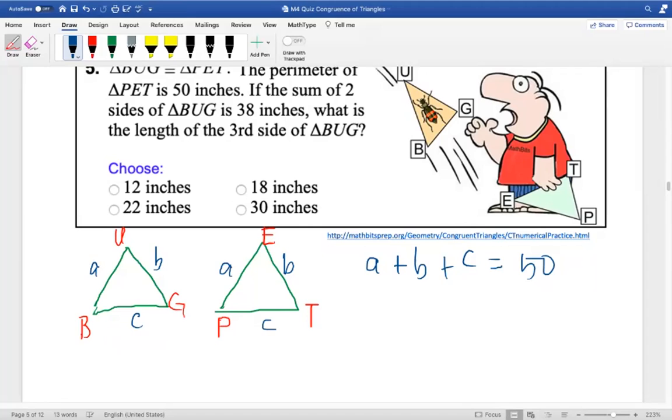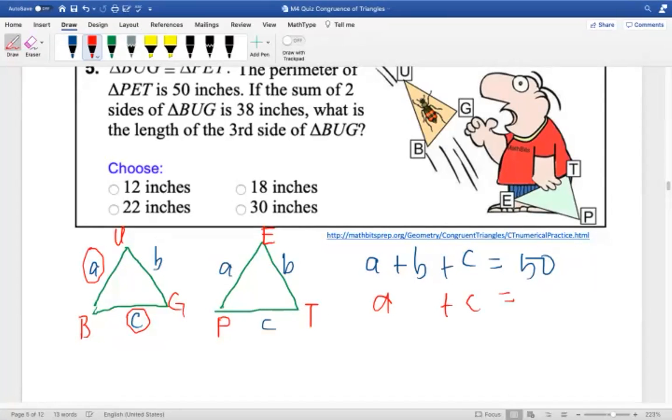Let's consider A and C to be the sum of the two sides, so A plus C is equal to 38.